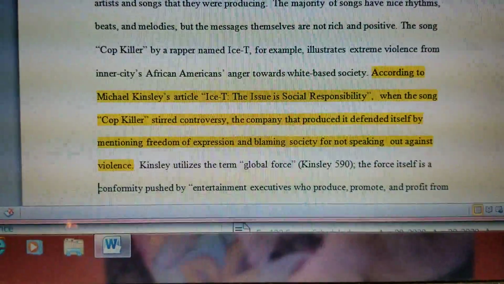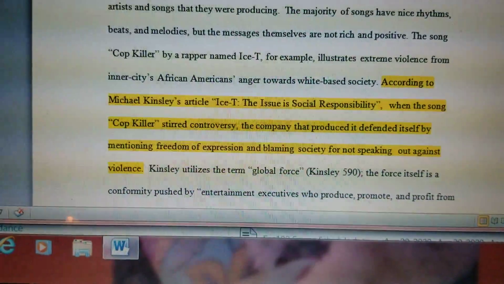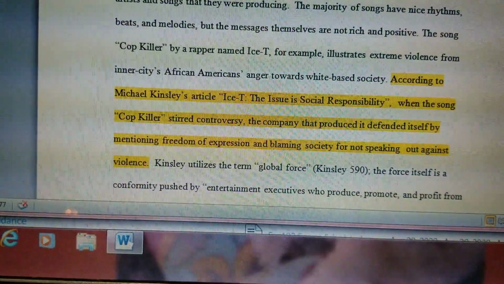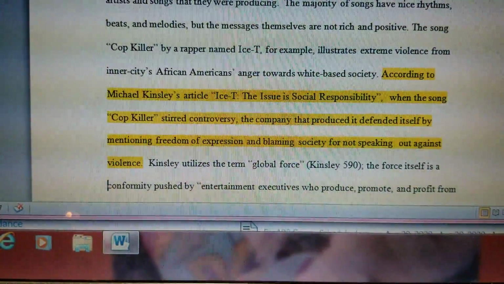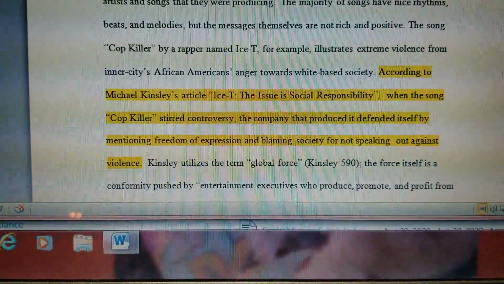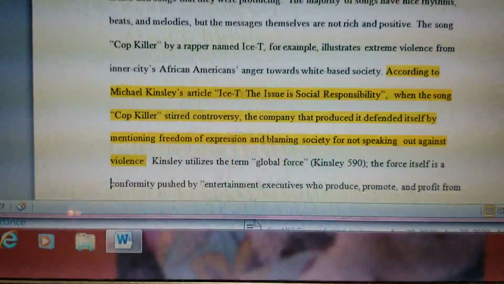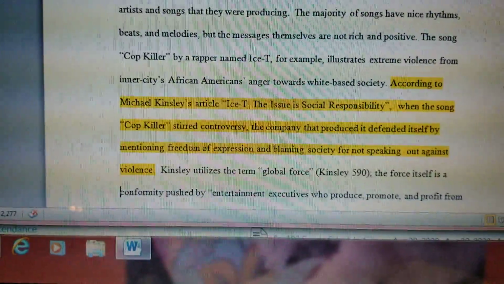Now, are you seeing a pattern here where she is being fair-minded by going back and forth and showing both sides? Okay? She is showing that this is a value that must be defended even though there are negative influences.